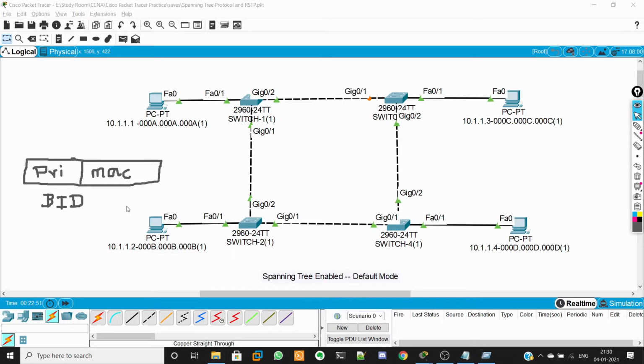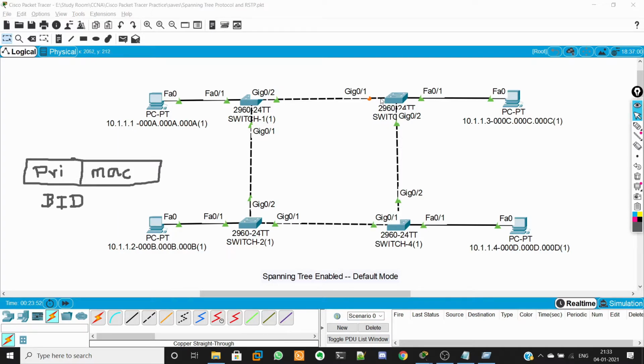Actually, the bridge ID is 8 bytes in length. The 6 bytes mention the interface MAC address and the 2 bytes represent the priority value. I'll give an example. The switch 1 is sending the BPDU to the other switches. While sending, it adds its priority value and its own MAC address, the interface MAC address, and forwards the BPDU.